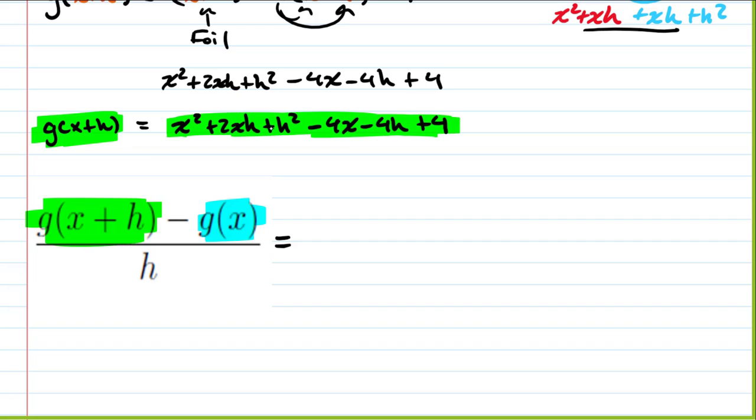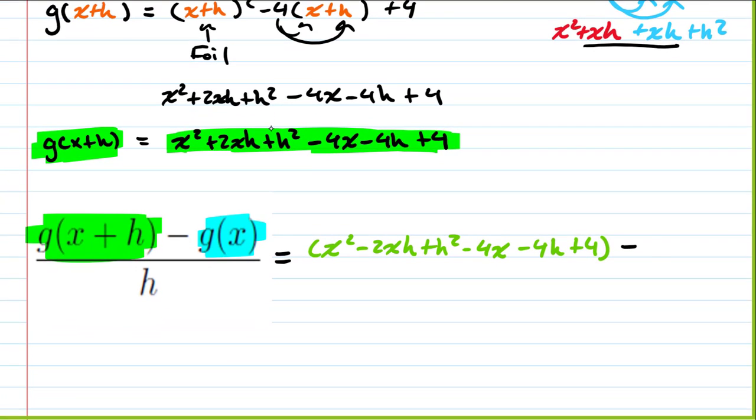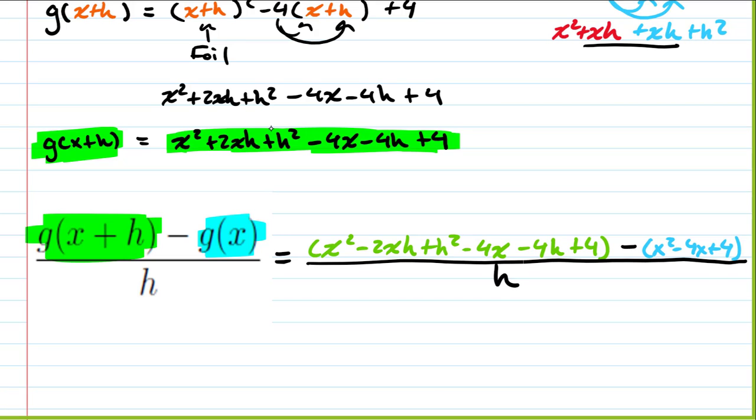So this is going to equal x squared plus 2xh plus h squared minus 4x minus 4h plus 4, take away g of x, and our g of x was x squared minus 4x plus 4, and then that whole entire thing divided by h.